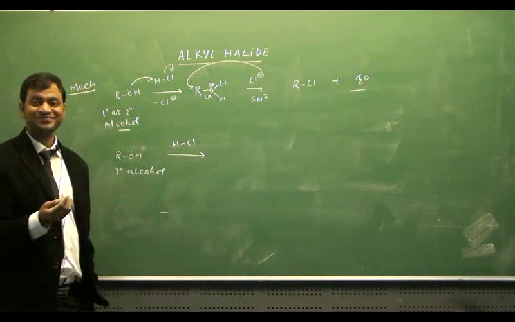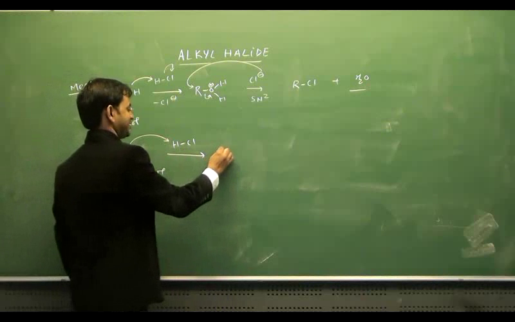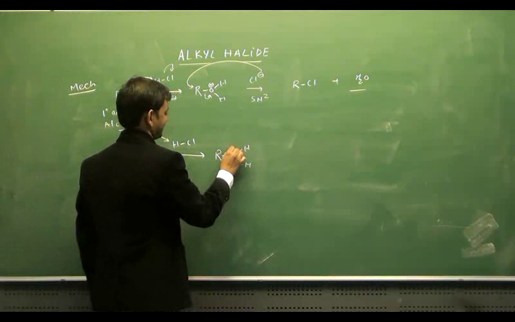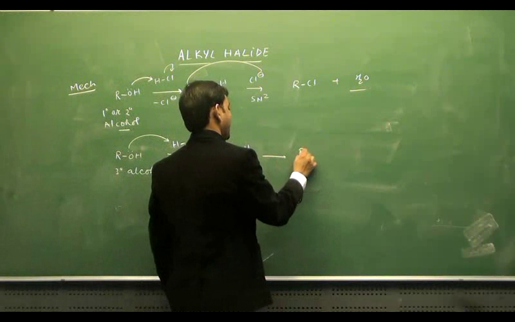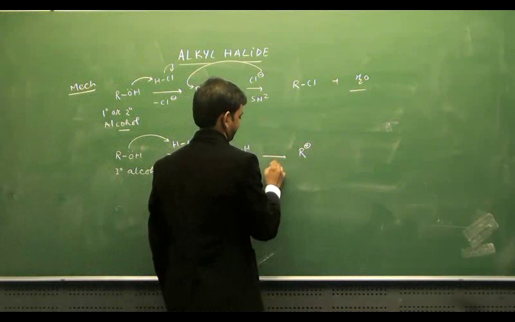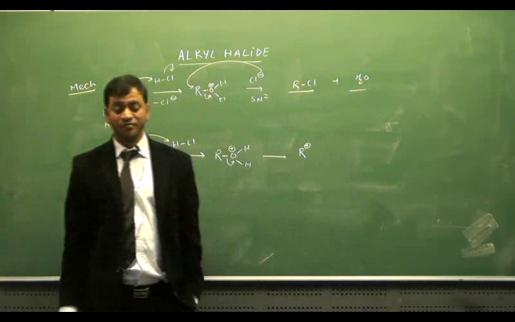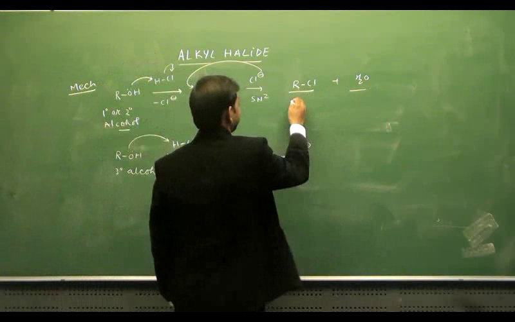Are you getting or not? Yes? It's a very important reaction. We can easily distinguish these alcohols on the basis of their turbidity. Actually, the turbidity we obtain is of alkyl halides. The turbidity is due to this alkyl chloride.